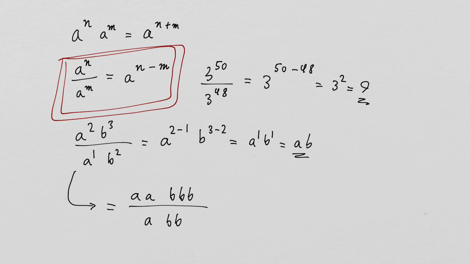Expressing all the terms in this way, we can cancel out some of the terms. In the denominator, we can now imagine that there's a factor 1 here. So in the end we will get the same result.